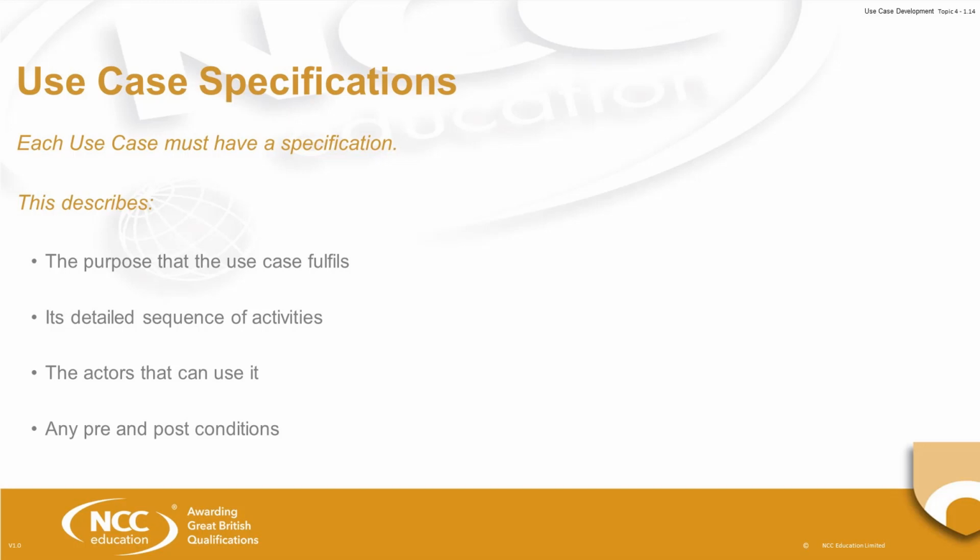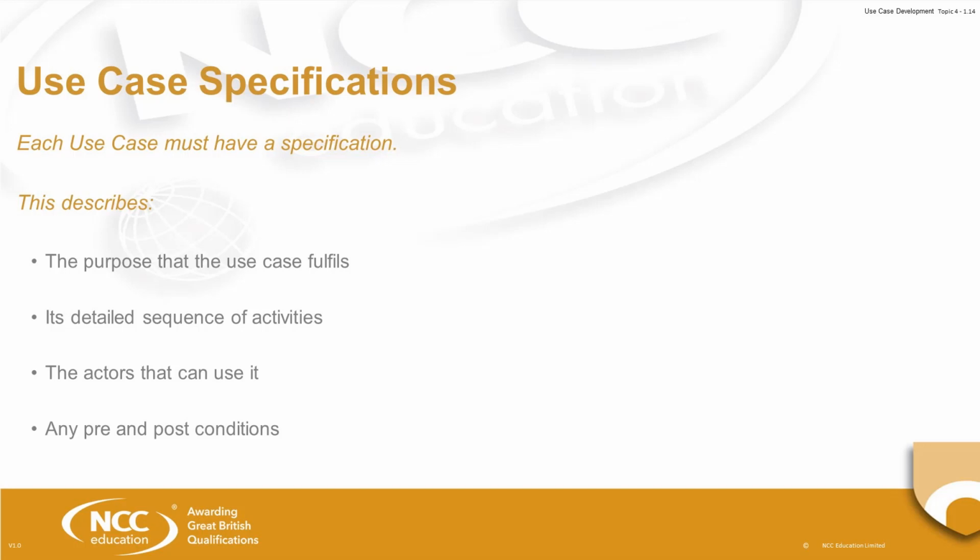The preconditions are conditions that must be true in order for that use case to occur, and post conditions are conditions that become true after the occurrence of that use case. So if I wanted to describe a use case that allowed somebody to withdraw money from a bank machine or an ATM, then one of the preconditions must be that the user has successfully entered their PIN number.